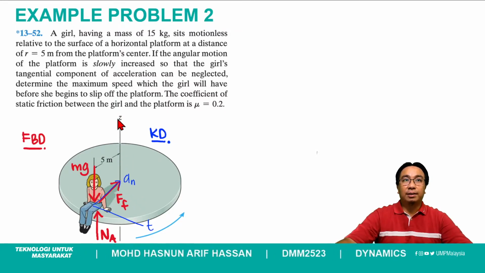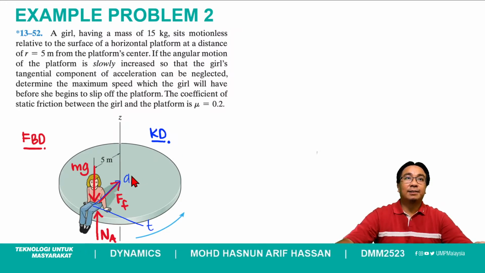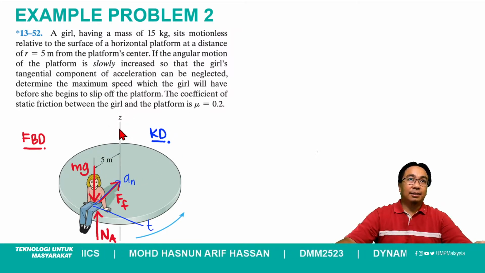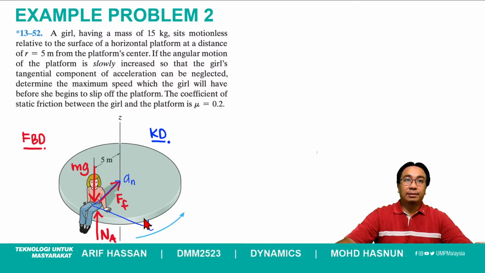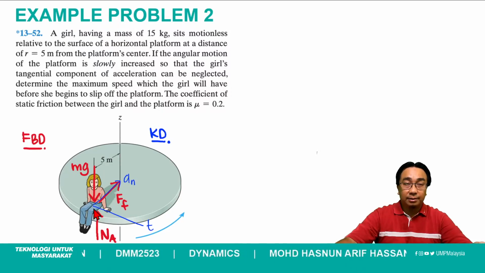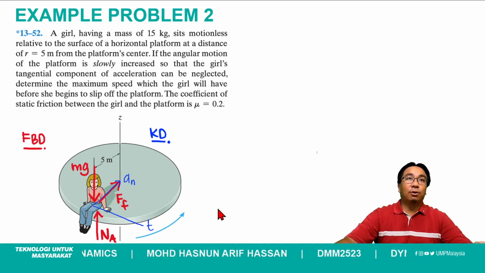Z-axis. What is the name of the Z-axis? In normal and tangential axes, this is the normal axis, this is the tangential axis, and this Z-axis is called the binormal axis.